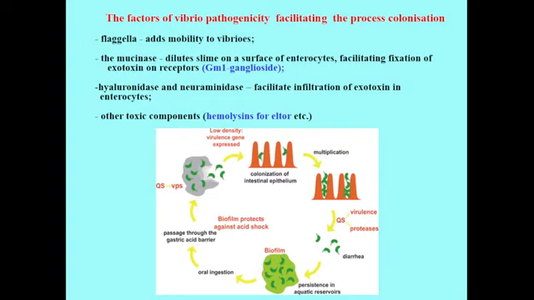Then people drink it: oral ingestion, passage through the gastric acid barrier. Biofilm protects against acid shock, and so it goes then to colonization. So let's start with the oral ingestion, going through the barrier, and the biofilm protects, then colonization, and again the cycle repeats.